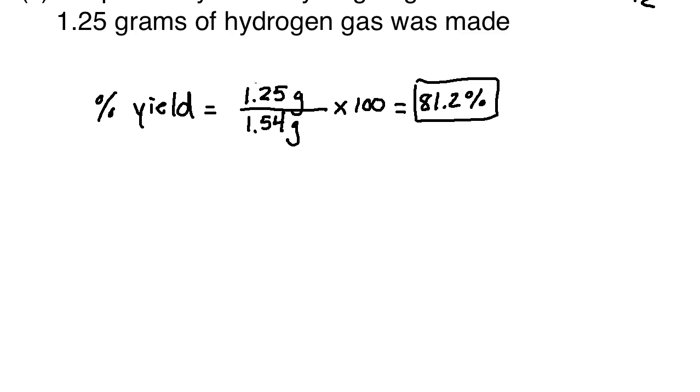Certain reactions, for instance organic chemistry reactions, have notoriously low yields because they have lots of side reactions, the conditions are very fragile, or something like that. So there are some reactions where a 50% yield may be considered the gold standard. That means you had an excellent recovery in that particular reaction. All this is stating is how much we actually recovered.